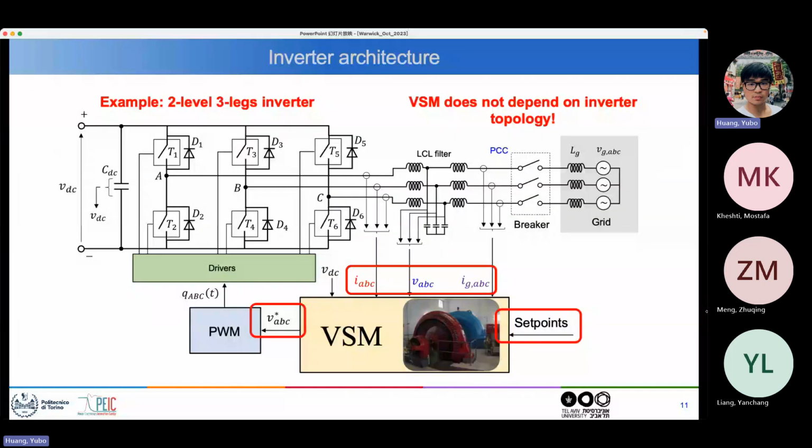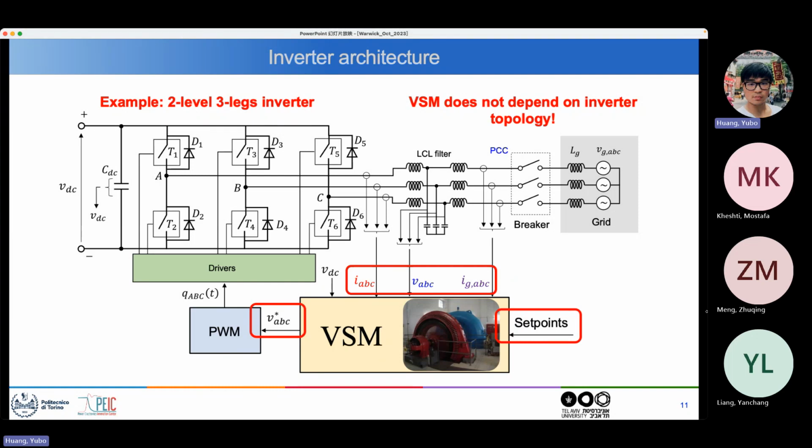How to actually do it? So in this picture, it's an illustration. It's a very simple two-level inverter, but of course you can do it in others. I mean, in our lab we usually do it in three-level inverters, and Florian recently did it on a modular multi-level inverter in Kiel.